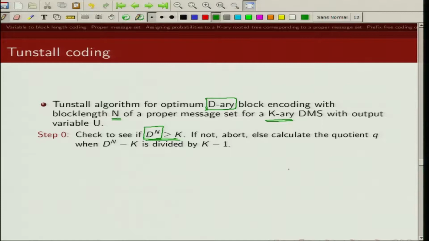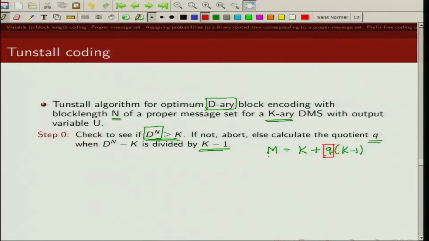Now if this condition is satisfied, then the first thing that we are going to do is find out how many times we are going to extend the most likely node. Recall that the number of messages is given by K plus q times K minus 1, right? And the number of messages that we can encode is D raised to power n. So D raised to power n minus K, if we divide by K minus 1, that would give us this q.